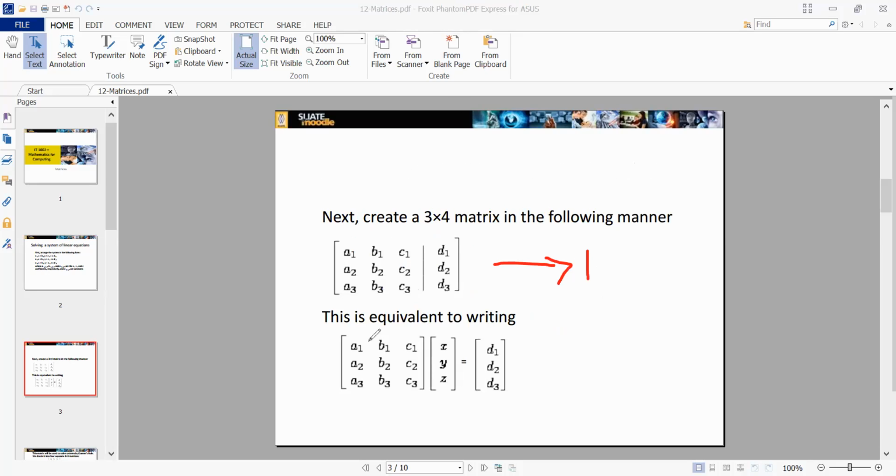From this one, you have to write this one. So you write a1, b1, c1, a2, b2, c2, and a3, b3, c3 as a single matrix, multiplied by x, y, z.